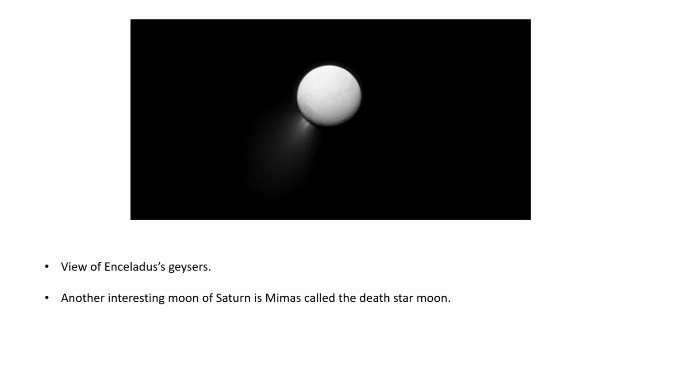Now here's a picture of Enceladus. This one was taken by Cassini, and you can see right there that water vapor escaping from beneath the ice. Now there's another interesting moon of Saturn, which is named Mimas, which is called the Death Star moon. You might wonder, why is it called that?